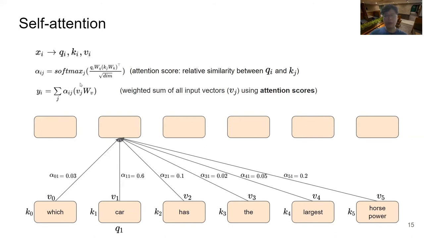Then the attention score alpha ij between every pair of qi and kj is computed here as a relative similarity. Next, we generate a contextualized output vector using the weighted sum of all input vectors using the attention scores computed.